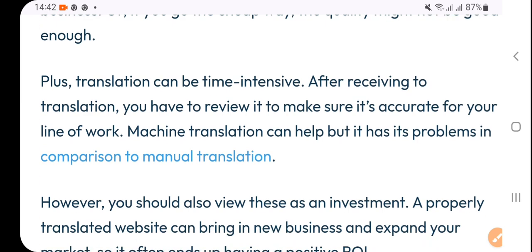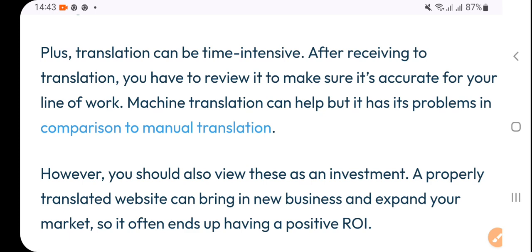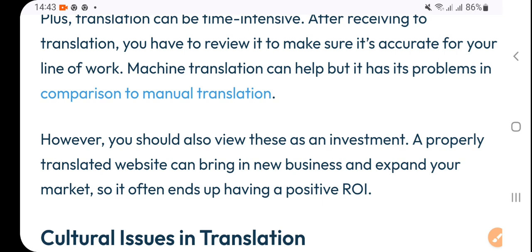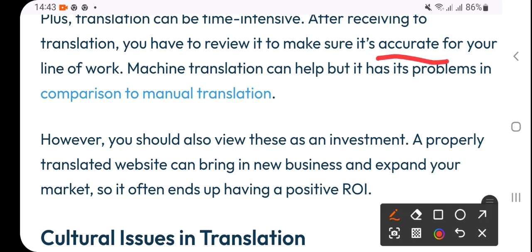So that's a big problem. Plus translation can be time intensive. After receiving the translation, you have to review it to make sure it is accurate for your line of work.